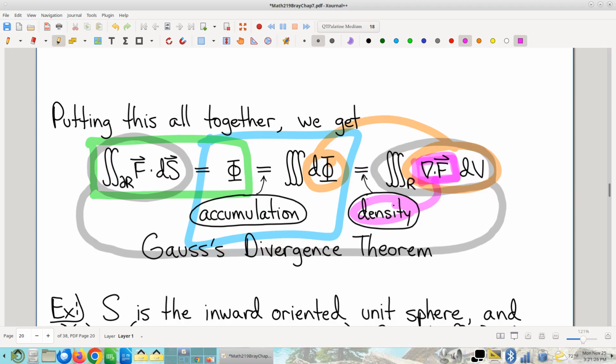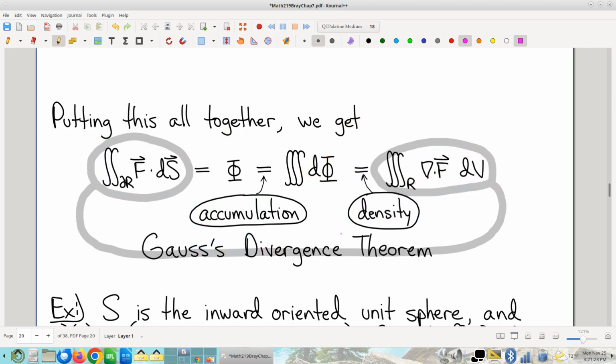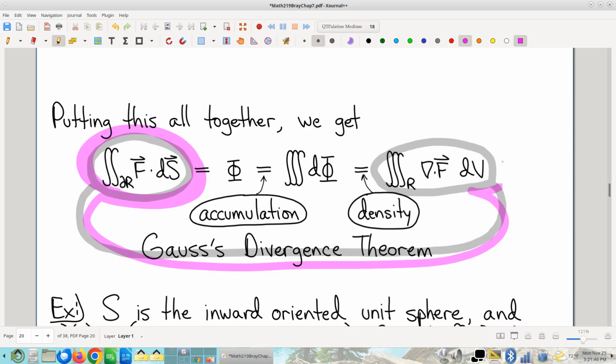Just like Green's theorem, just like fundamental theorem of calculus, just like the two-dimensional divergence theorem, right? We have accumulating quantities of which we integrate their densities to get the total. And it's just the same idea, different context. So Gauss's divergence theorem, like so.